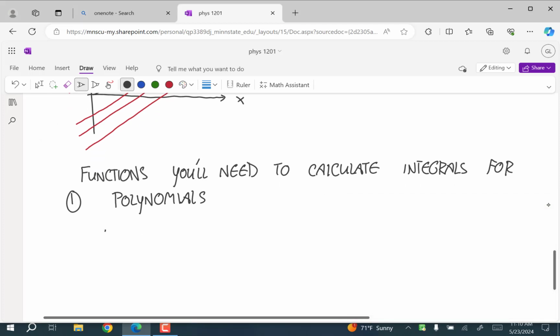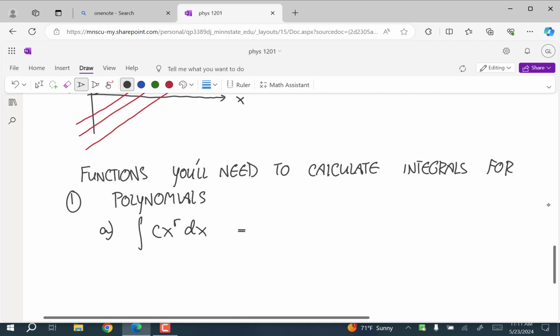The first type of polynomial is, so if you're taking the integral of a function that is c times x to the r with respect to x, you're sort of doing a derivative in reverse.